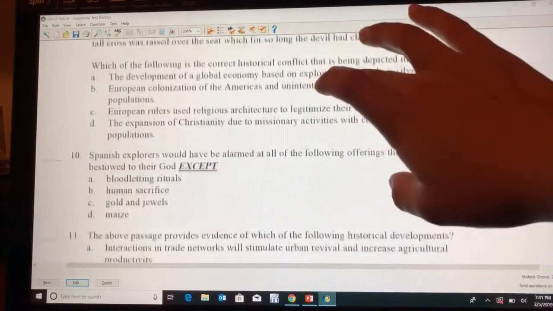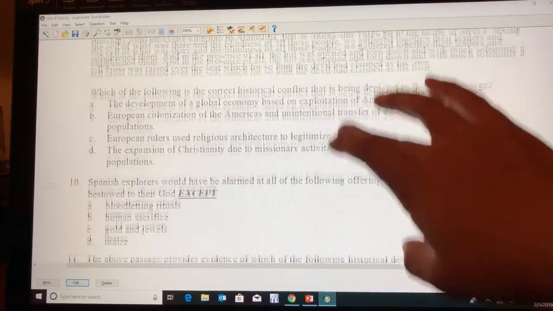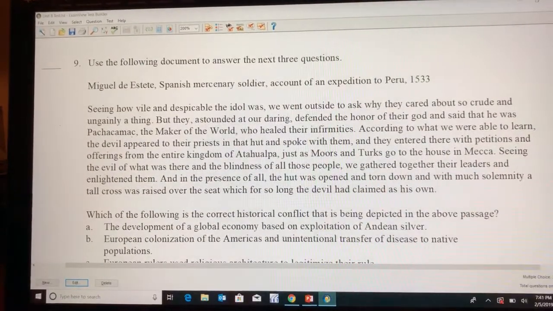Okay, this is number 10 we have to deal with, but we have to read the passage by Miguel de Estete, a Spanish mercenary soldier, account on the expedition to Peru. He said, "Seeing how vile and despicable the idol was, we went outside to ask why they care about so crude and ungainly a thing." So the soldier is seeing people worship an idol, and they think this is bad.